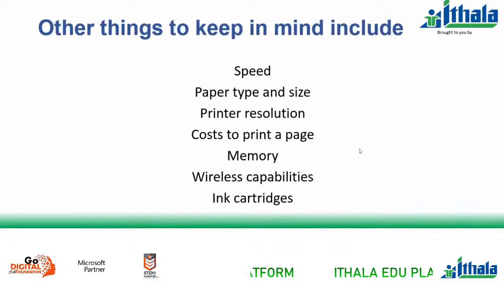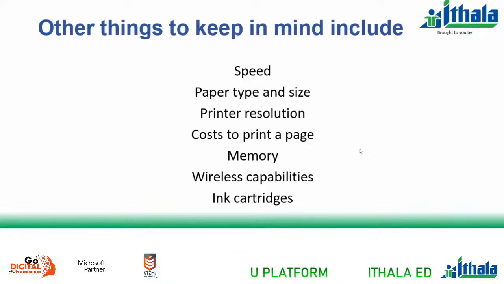So it will be of no use for you to buy an A3 size printer while you're only using A4 sizes. Other things to look at are the printer resolution, the cost to print a page, the memory of the printer, whether it has wireless capabilities, as well as the cartridge. Let's start with the speed.